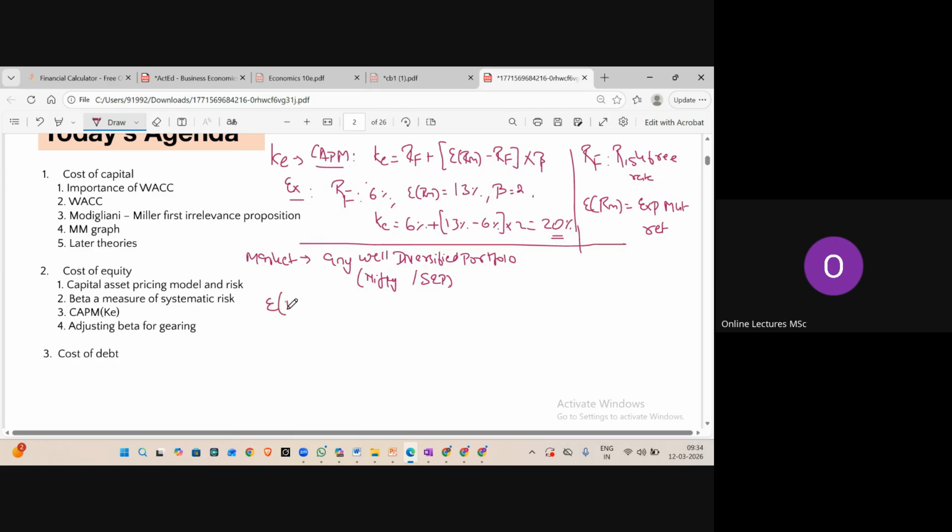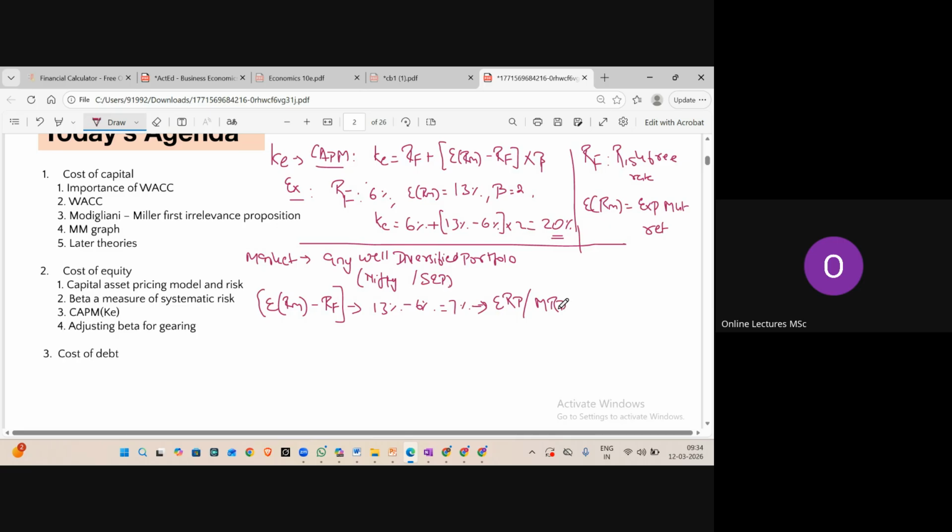Expected market return minus risk-free rate, in our situation 13 minus 6, that's 7. That represents the equity risk premium, ERP, or MRP, market risk premium.